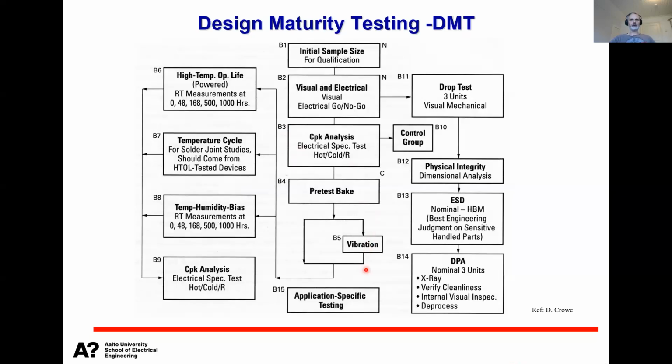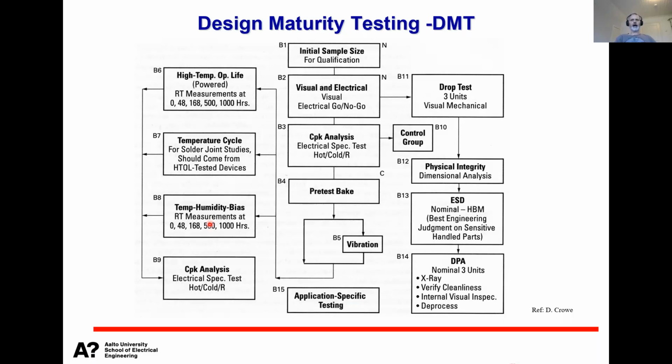Then some samples go to live race, and others go to high temperature operational life, so 150 degrees for certain times, for example. Some go to temperature cycling, some to hot and humid conditions, and after the test you redo the same analysis and see how these tests have affected the performance of the samples. So this is just to highlight that you have several different types of tests, and during the next few lectures we are concentrating on some of these different types of tests.